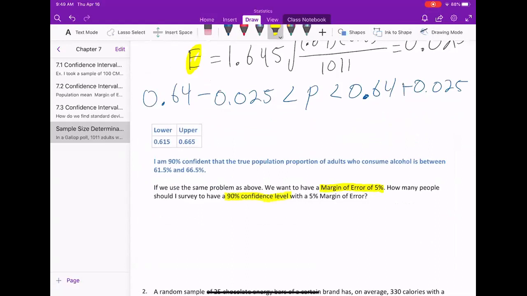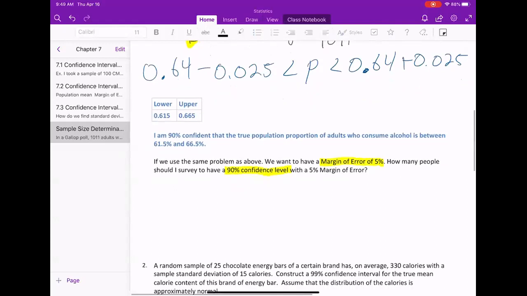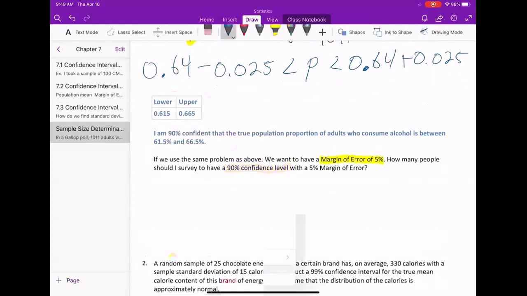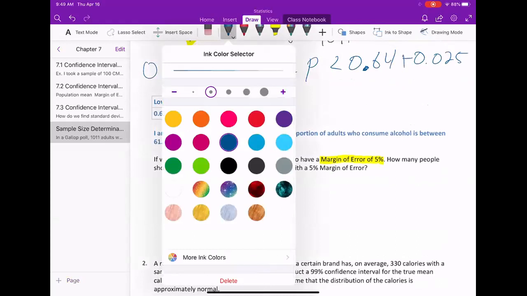How many people do I need to actually sample to get within that range? So the formula is, there's 2 of them.